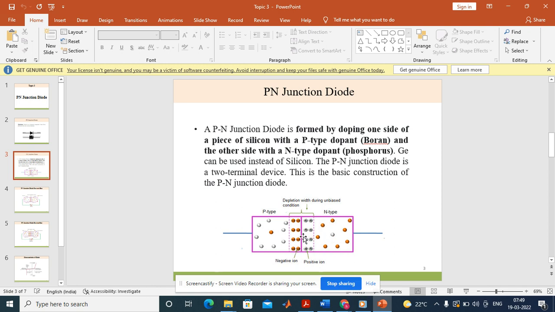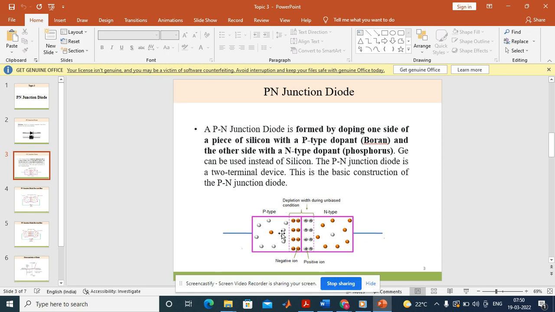So when these two are combined, p-type and n-type materials, the majority carriers which are there in the p-type material will try to cross this junction and try to get into the n-type material where the majority carriers are electrons, and the majority carriers of n-type material, which are electrons, try to cross this junction and enter into the p-type material where the majority carriers are holes.